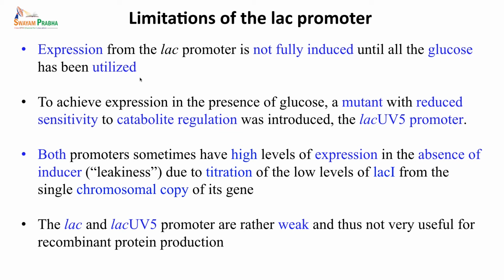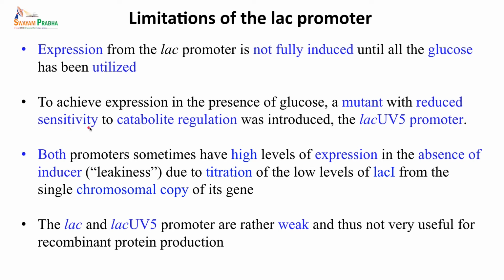So to overcome this limitation, people made a mutant form of the lac promoter, which was called lac UV5. This lac UV5 is a mutant lac promoter which has a reduced sensitivity to catabolite regulation.